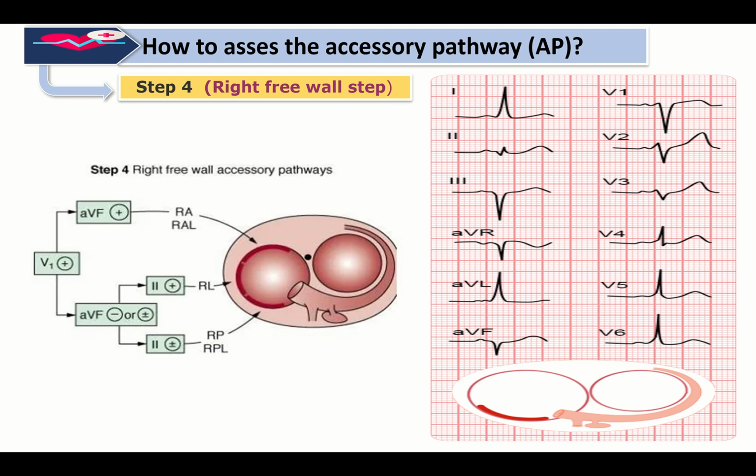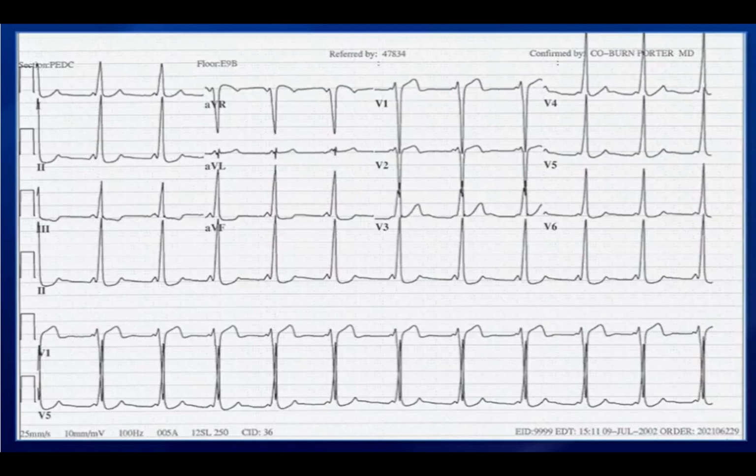Last step, step 4, right free wall step, in which we can appreciate a positive delta wave in V1, late transition maybe V4, and assess the inferior leads to know if it's positive. It means anterolateral right side accessory pathway. If it's negative, it's a posterolateral right side accessory pathway. And this is a clear example of right anterolateral accessory pathway.